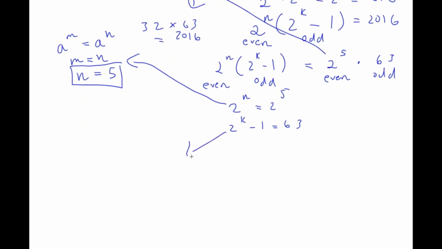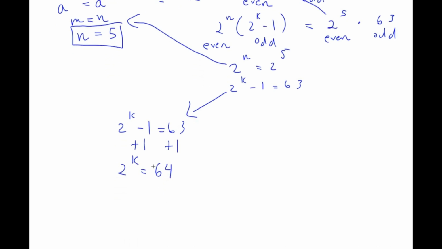Now for 2 to the power of k minus 1, I am going to first start by adding 1 on both sides. So I have 2 to the power of k is equal to 63 plus 1 is 64.